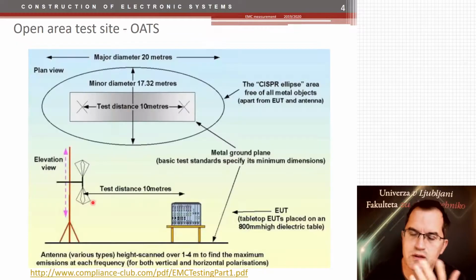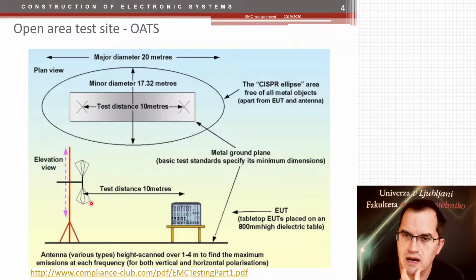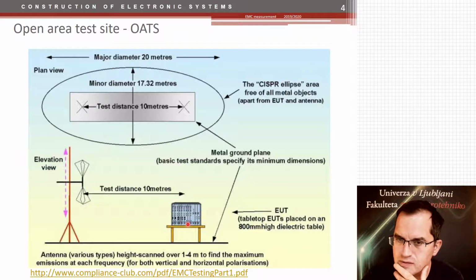And what we usually have in this chamber is a device that we measure. It should be placed on a non-conductive table at a certain distance from the floor. I think it's 80 centimeters. And then we have the antenna at a certain distance. It could be 10 meters or 3 meters.